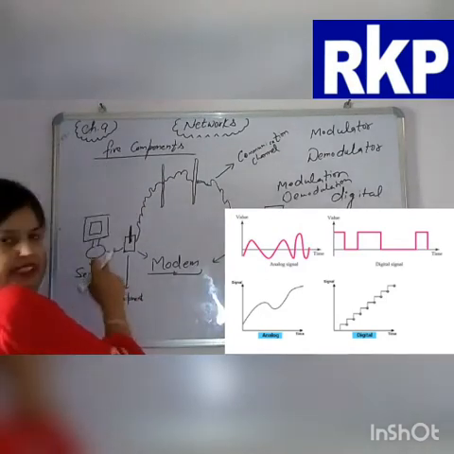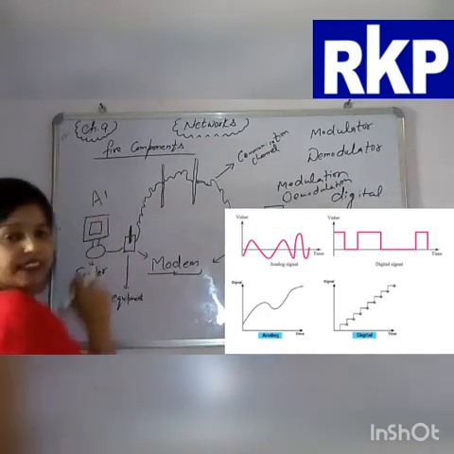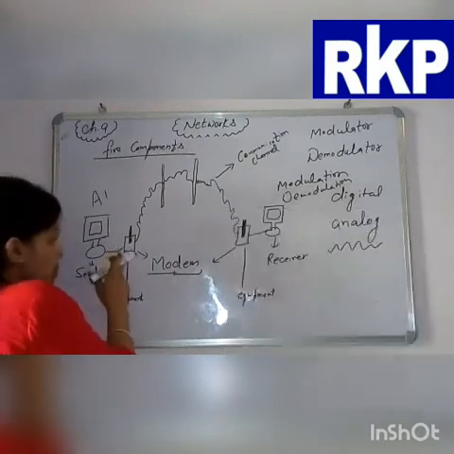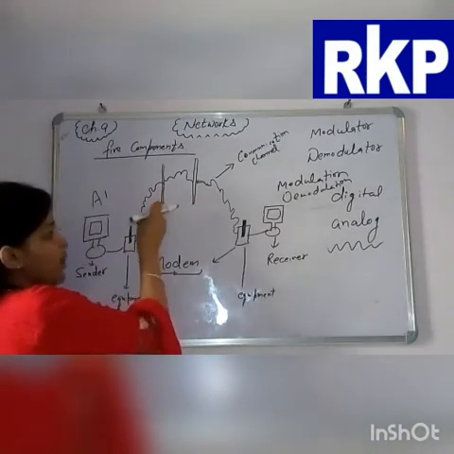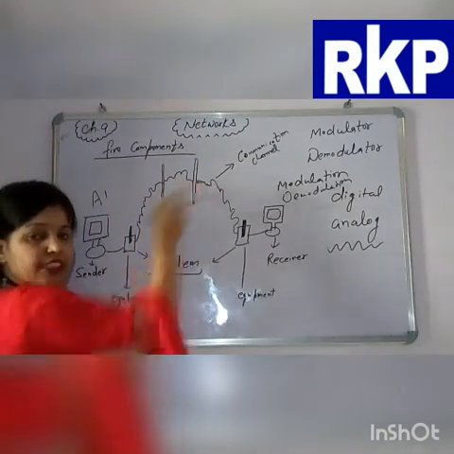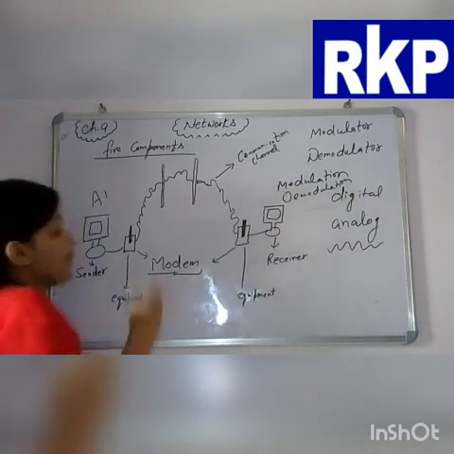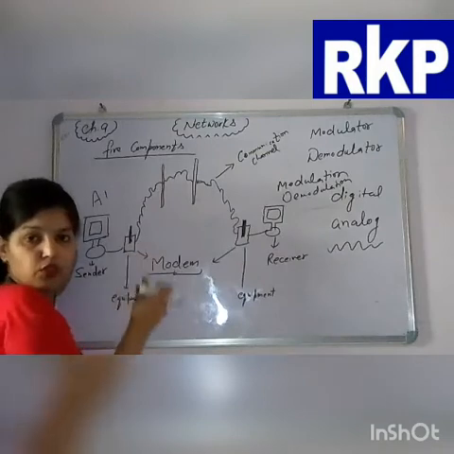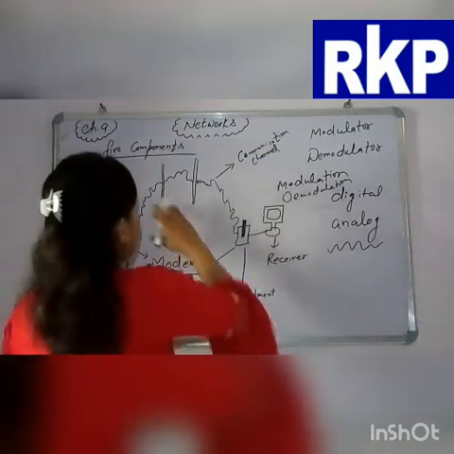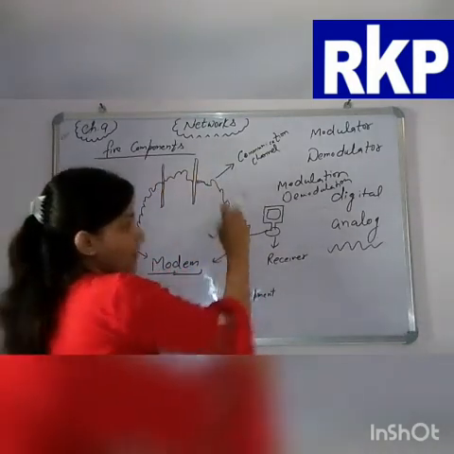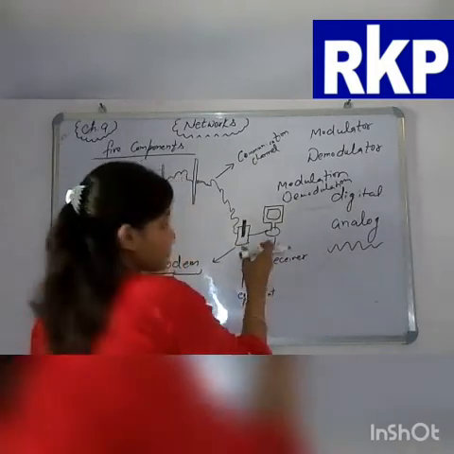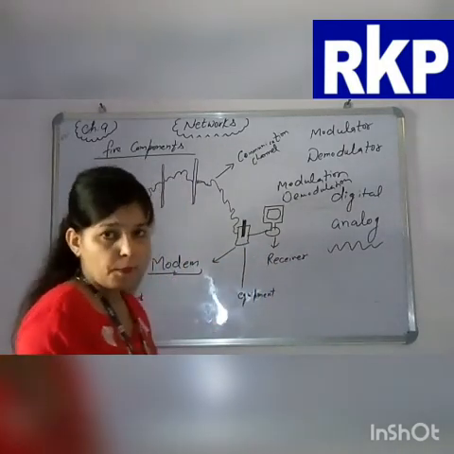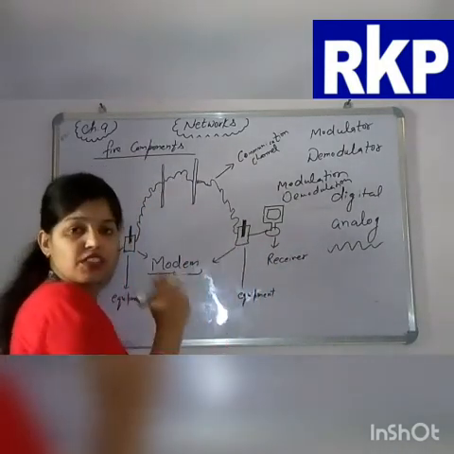Like your A1 file is present in digital form in this computer. So modem will convert that digital form into analog form for these wires. So it is called modulation. Here this modem is used for modulation purpose. Now the data is traveling through the wire in analog form. Now this computer can understand only digital form. So what will this modem do?